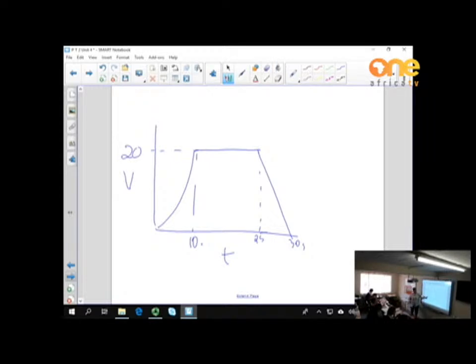Now, can you see that he's accelerating, but that the acceleration is not constant? Can you see that? Now we've got the curved side. The gradient of this line is constantly changing. The acceleration is increasing.